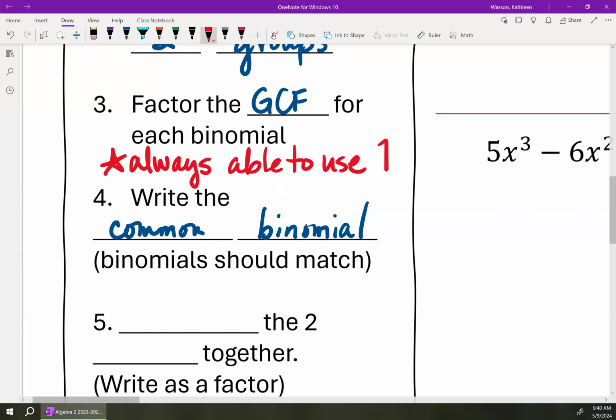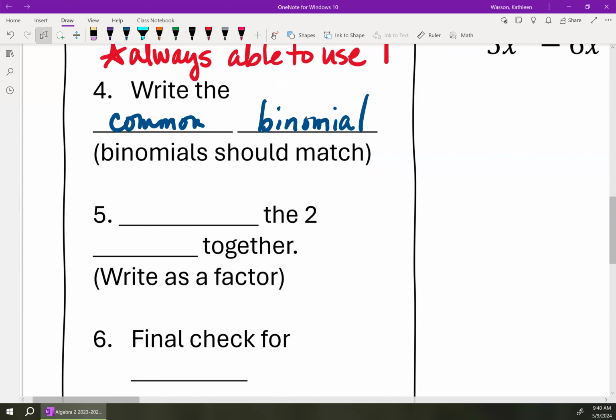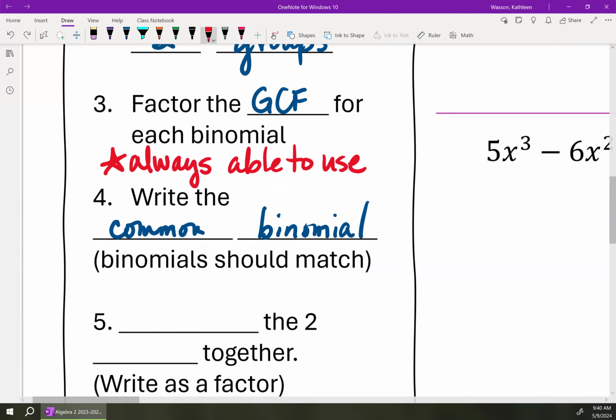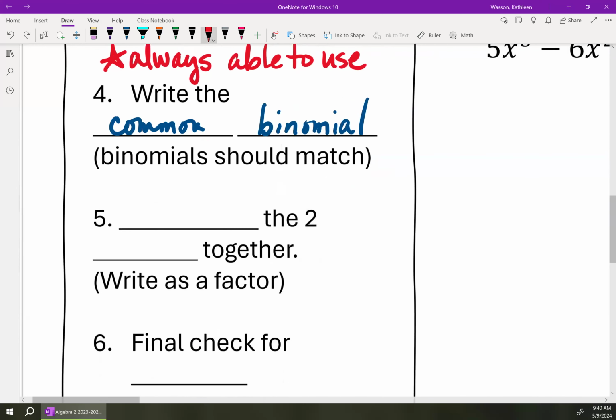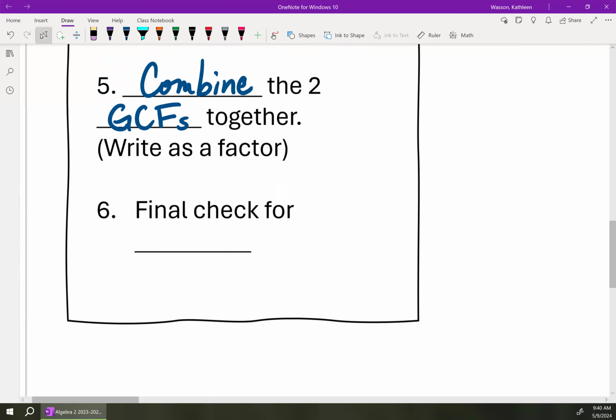Okay, so greatest common factor for each of the 2 groups. Write the common binomial. This will be one of your factors. And then combine. We're going to combine the GCFs and write that as another binomial. And then look and make sure you're finished factoring.